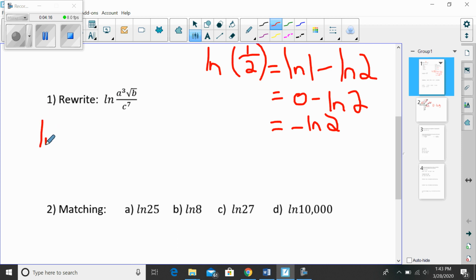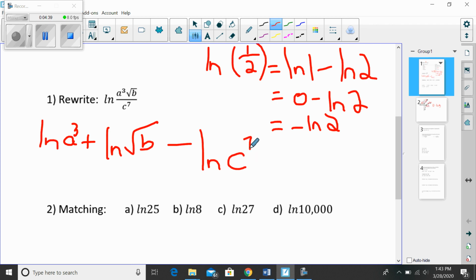Okay, so starting off, I have my product rule, so that's natural log of a cubed plus natural log of radical b minus, since it's a quotient, minus natural log of c to the 7th.